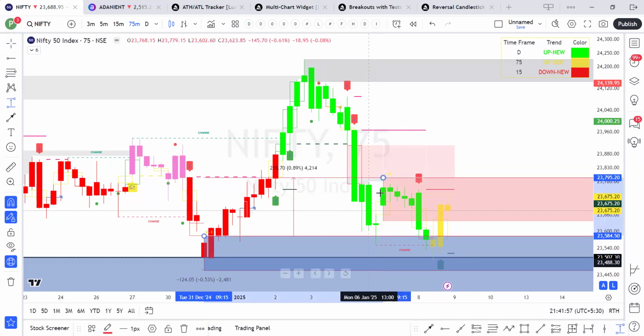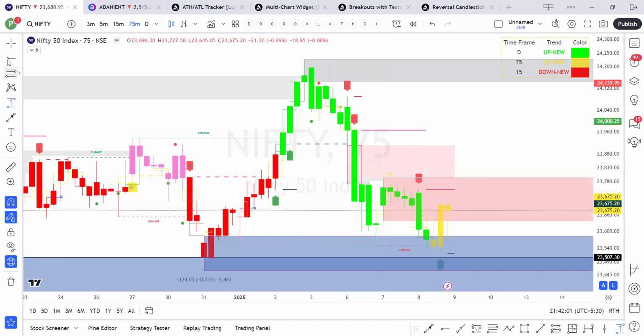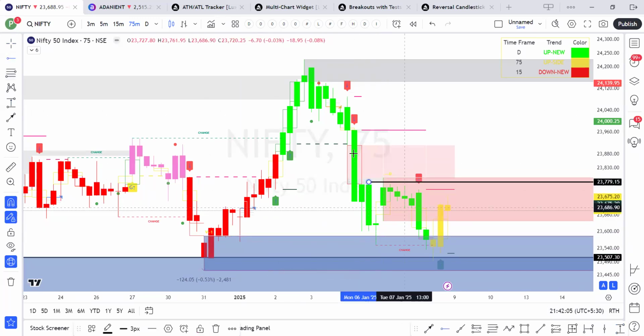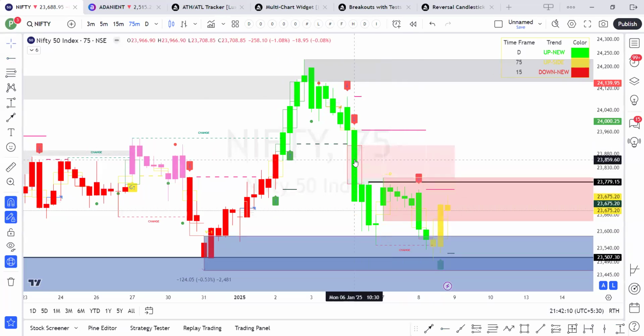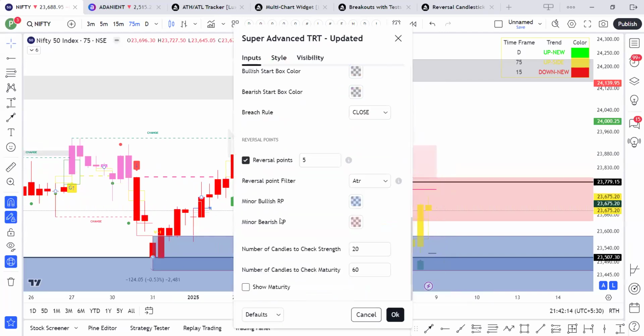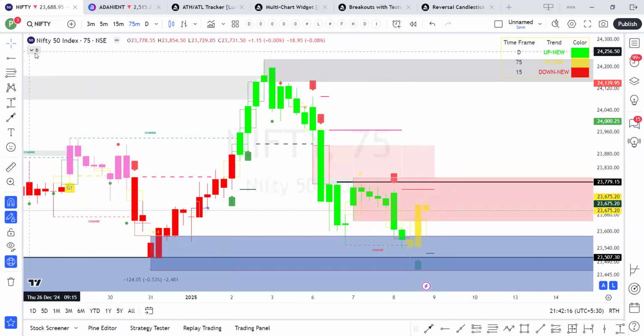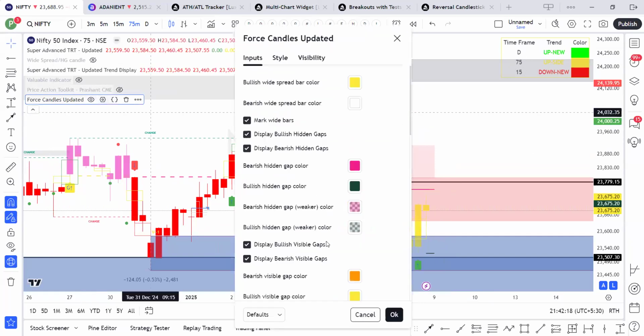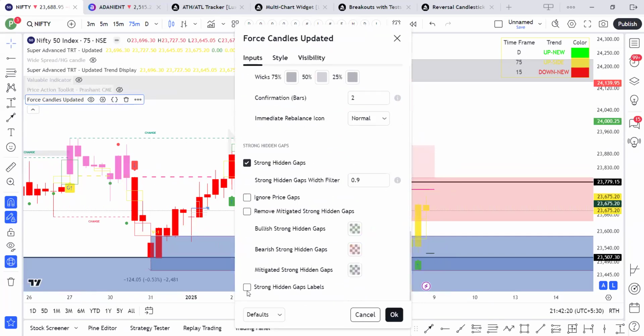It went up by 210 points. And many people will be very happy in taking these kind of trades, 1:1. I have seen many people taking less than 1:1 also. Their target was this. This was the selling area, and this was strong selling area. In force candle, we are going to discuss about this.